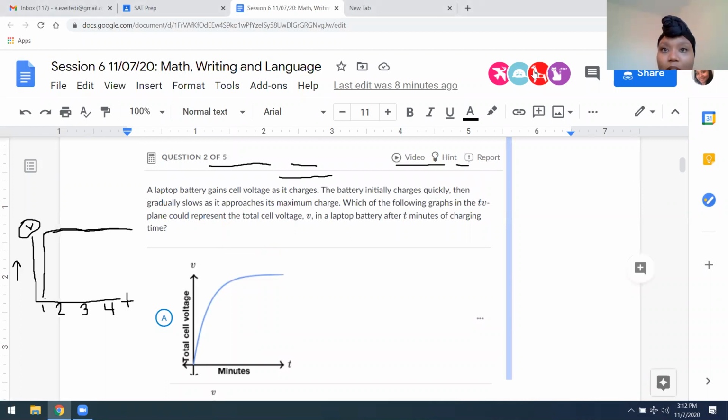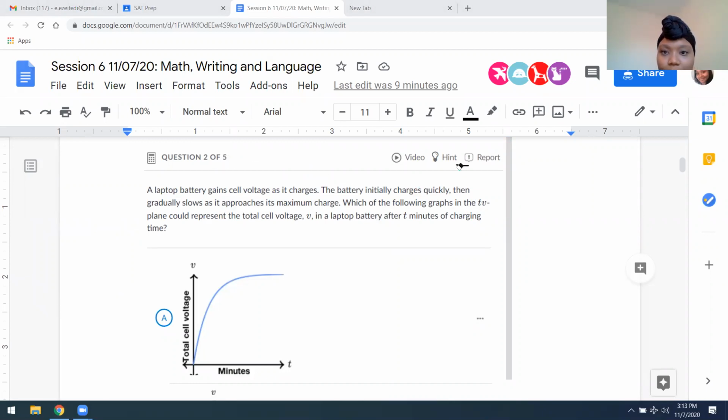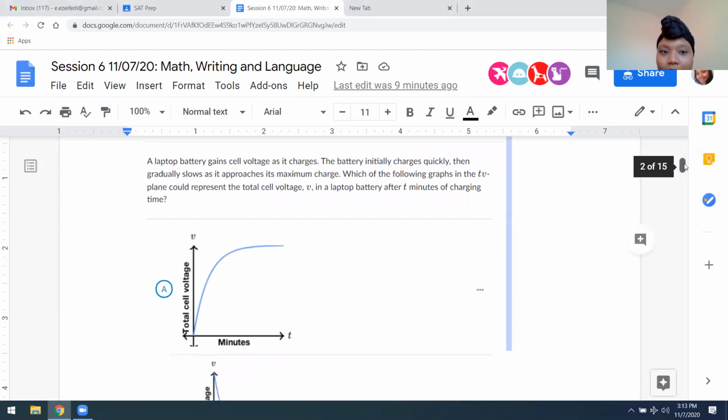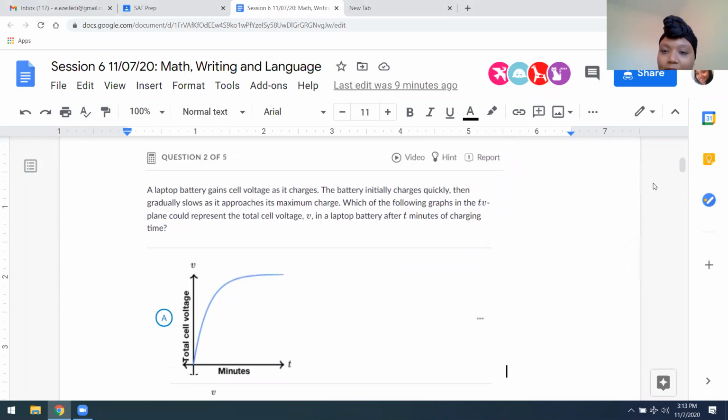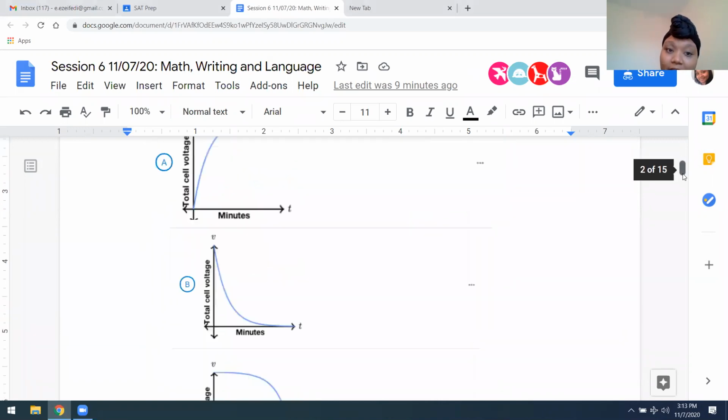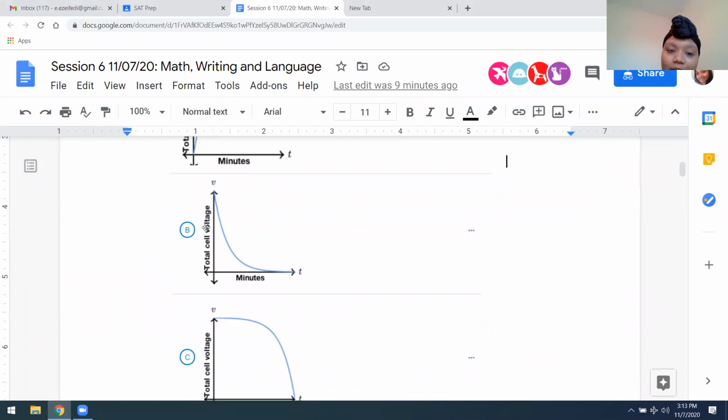So we'll look quickly. Let me erase my little annotations here. So yeah, it is A. Now, that was almost easy because it was the first answer choice and it looked just like our graph, but if it were B, B means that it started fully charged because V again means charge, how much charge it has.